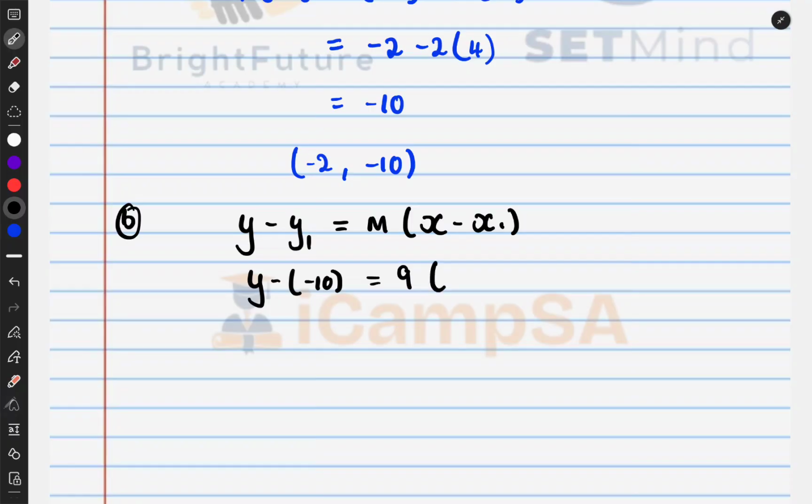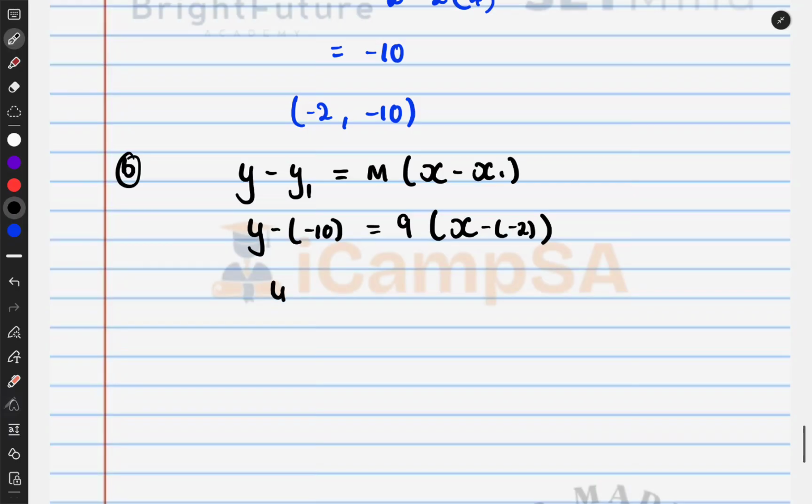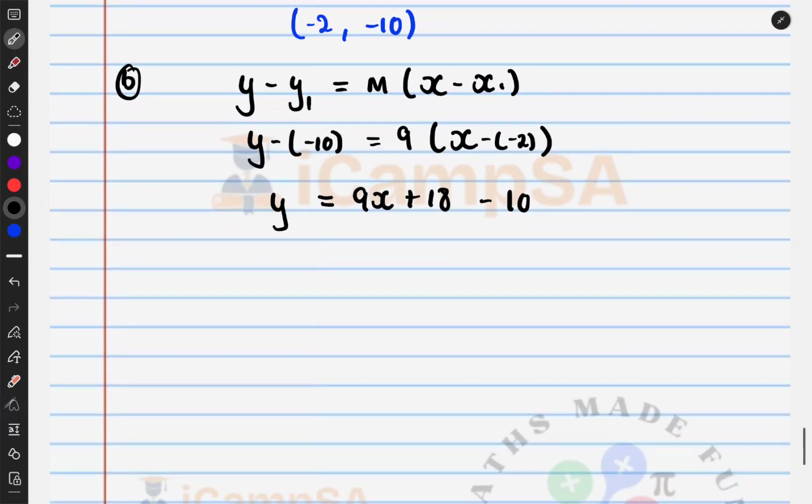We're given that it is 9, into x minus negative 2. Therefore, y plus 10 is equal to 9x plus 18. Taking it to the other side, y is equal to 9x plus 18 minus 10, which is 8. So y is equal to 9x plus 8. That is the equation of the tangent.